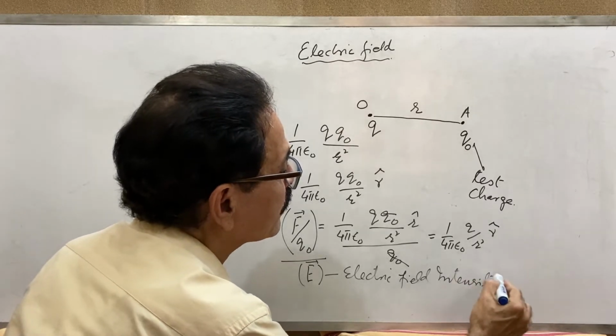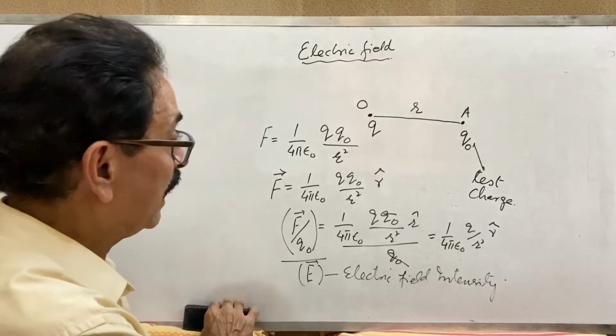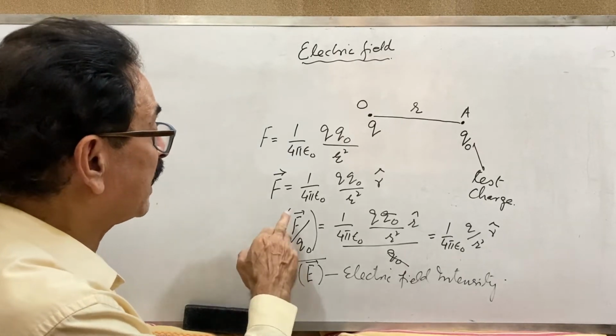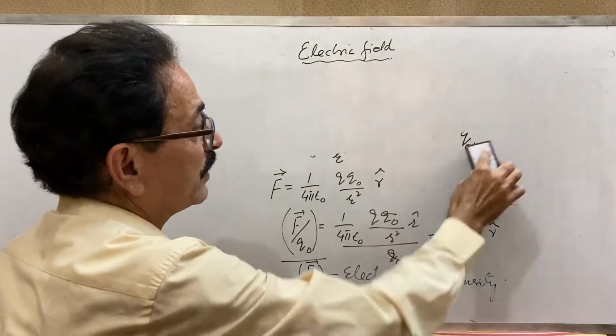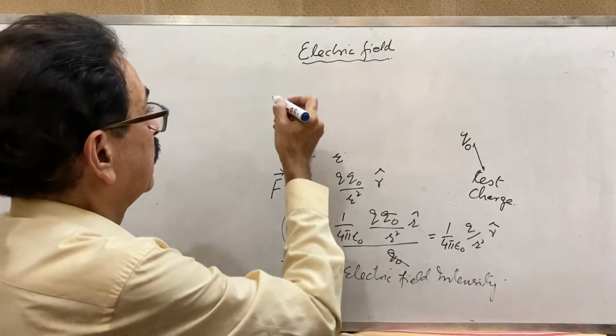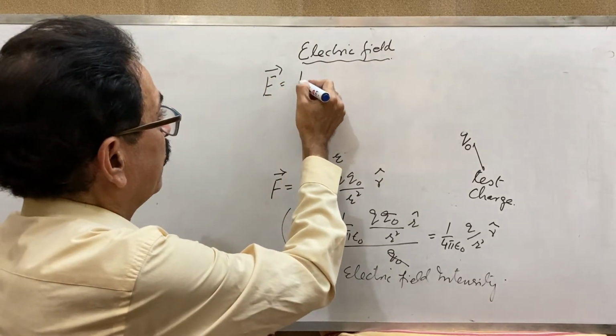Electric field intensity. So then what is electric field intensity? Electric field intensity is the ratio. Electric field intensity is equal to F upon Q naught.